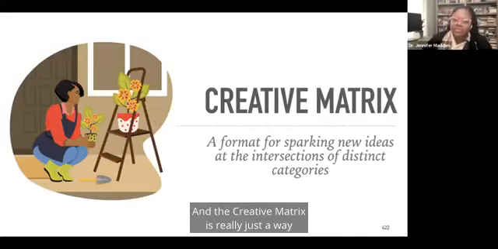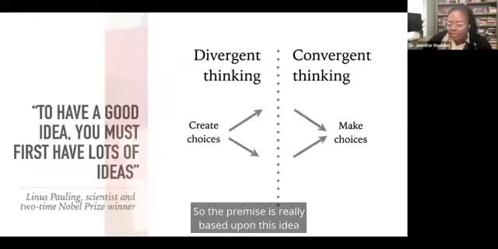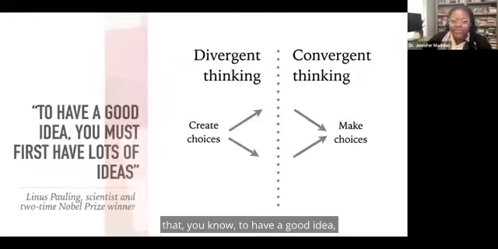And the Creative Matrix is really just a way of inviting these broader ways to explore solutions. So the premise is really based upon this idea that, to have a good idea, sometimes you need a lot of ideas. And so what the Creative Matrix allows us to do is some divergent thinking and then some convergent thinking.